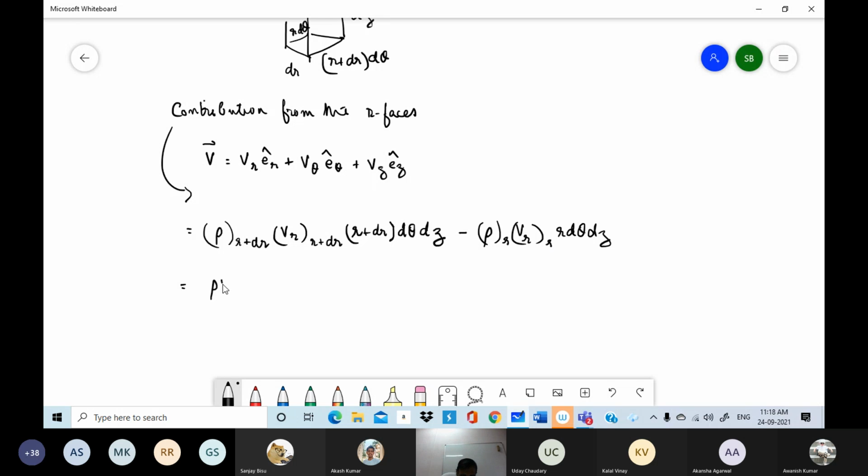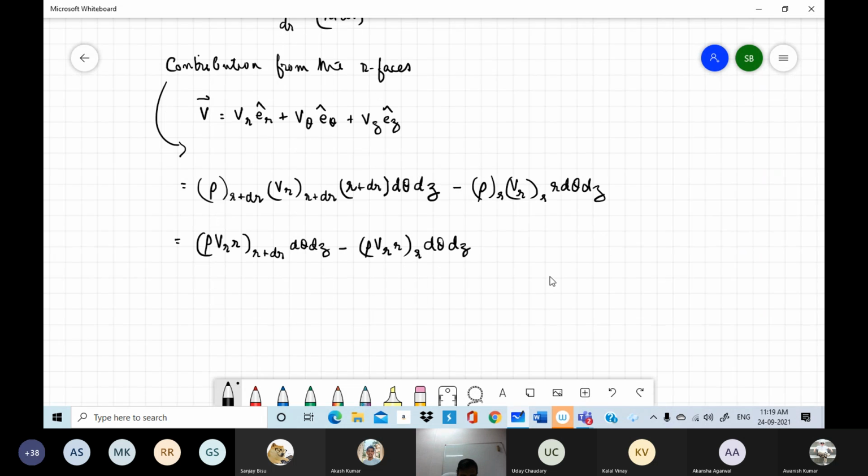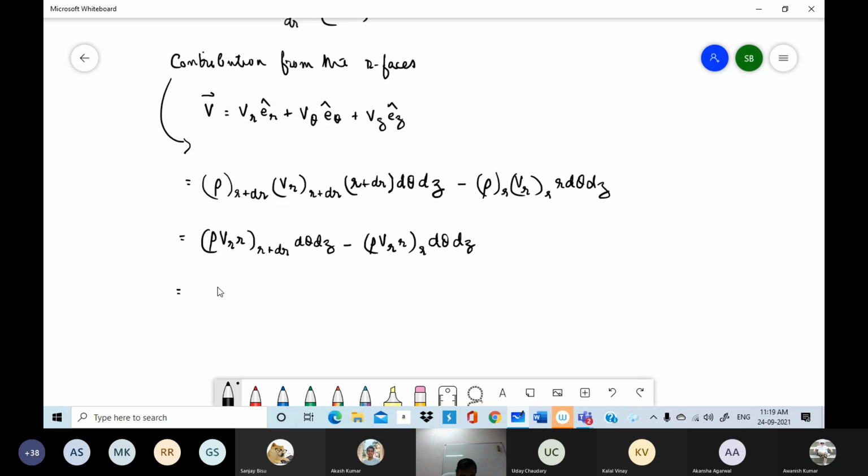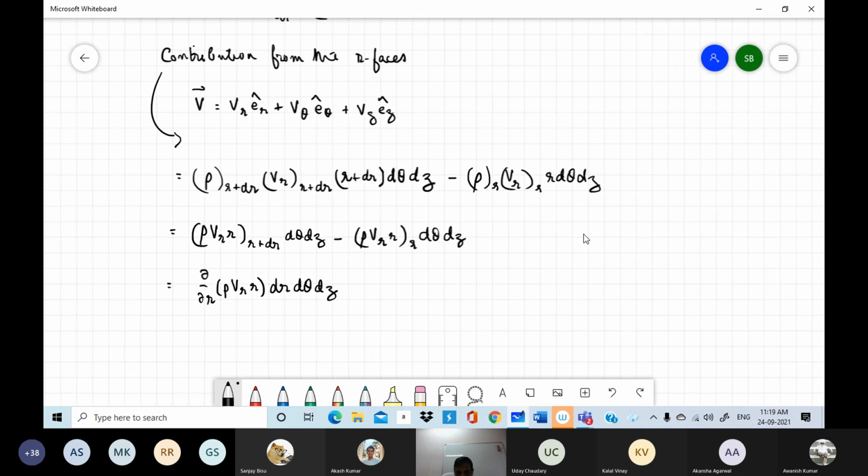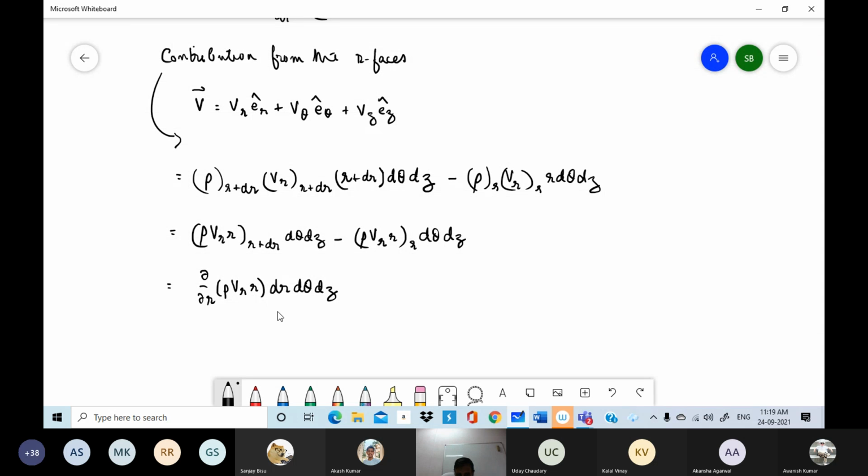So this I can write as... if I expand this in Taylor series and keep only the leading order term, then that would give me... you'll notice that here we haven't got dV, because dV has a dr into an r d theta into dz, so that r is missing over here.